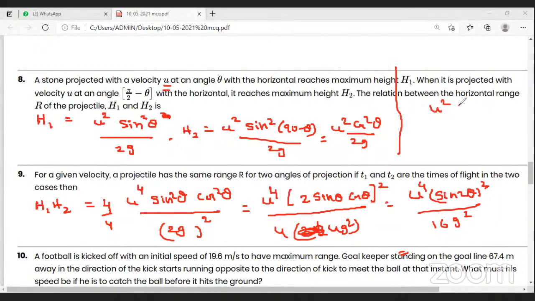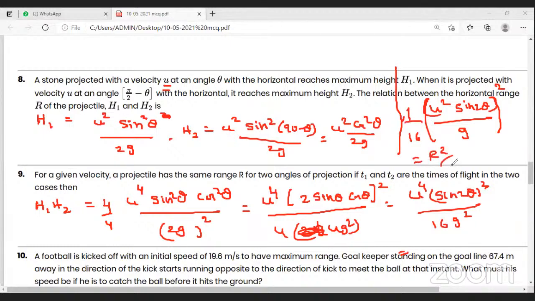Then we can write this equation as u square whole square separately, sine 2 theta whole square: u square sine 2 theta whole square by 16, and g square separately. Now what is u square sine 2 theta by g? R. This is nothing but range only, no? So that means you will get here h1 into h2 is equal to how much?